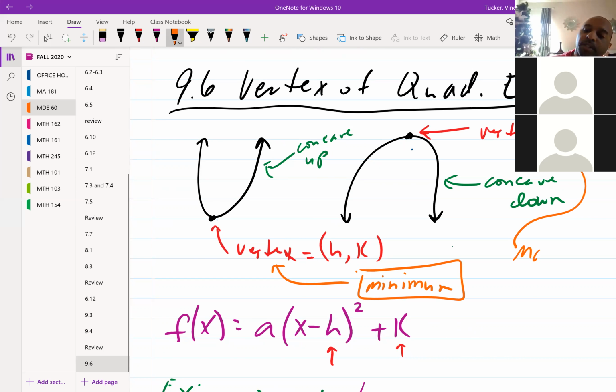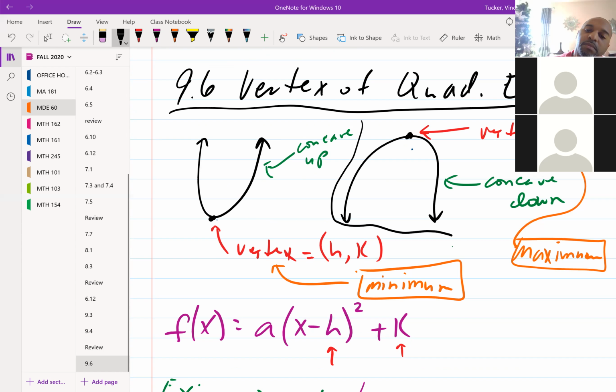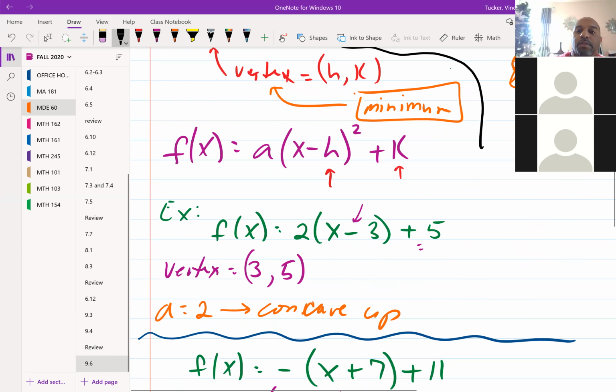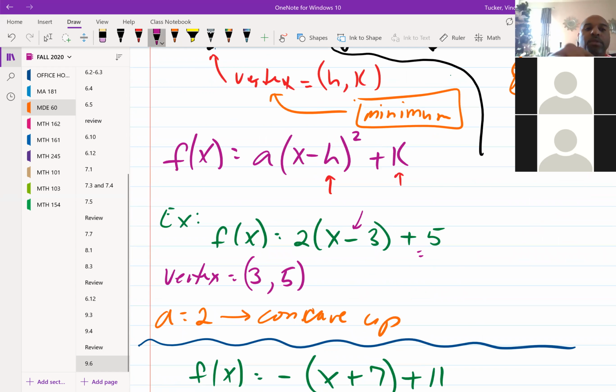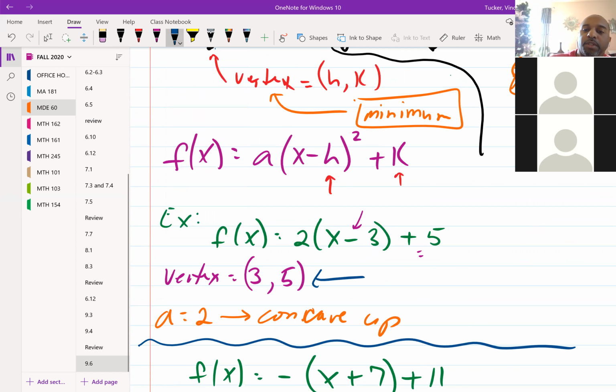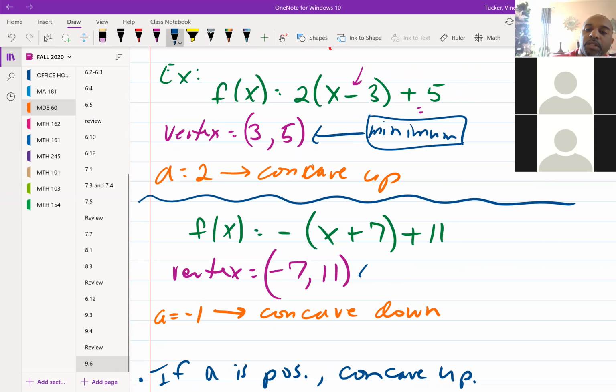If it opens downward, then your vertex is a maximum. So going back here, because it opens upward, this is a minimum. And because it opens downward, this is a maximum.